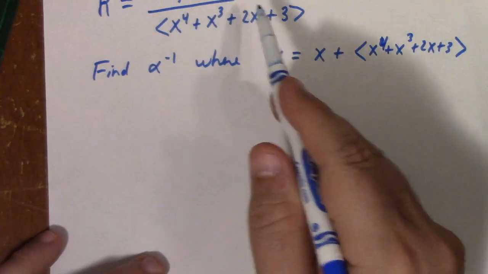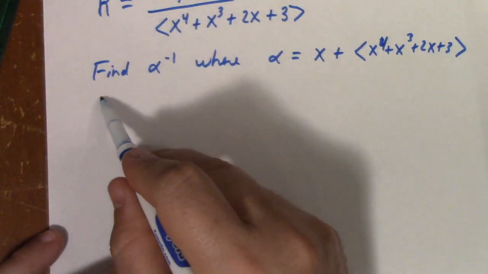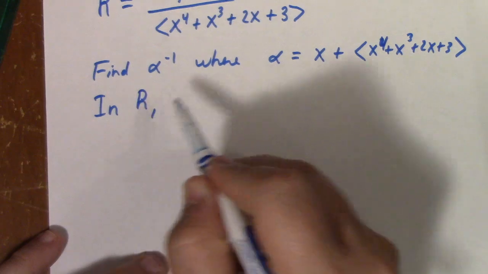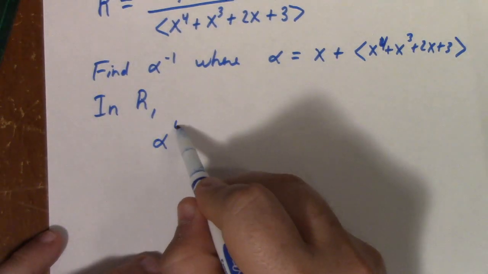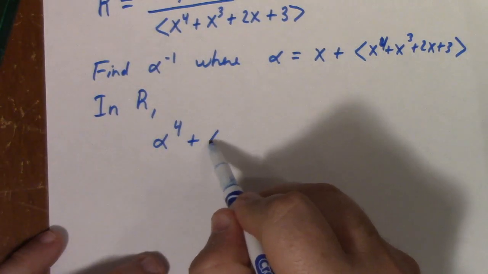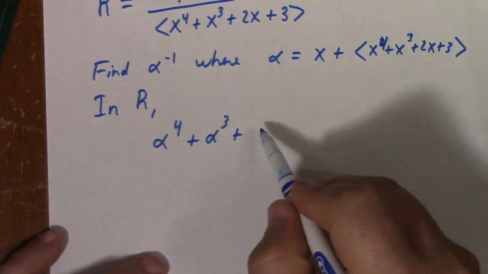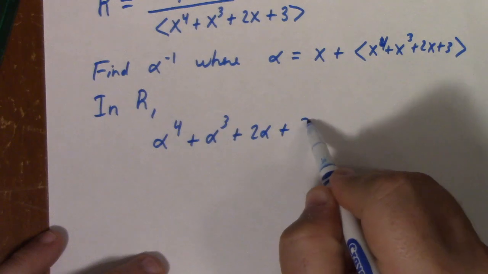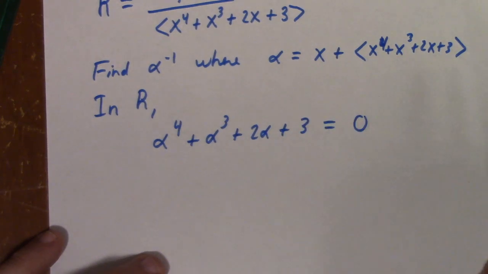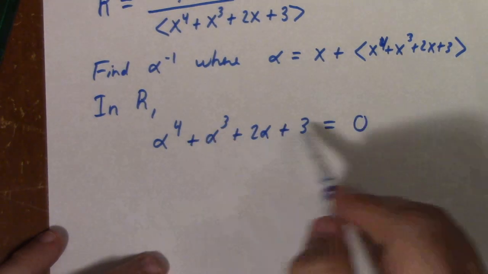So in this quotient, in R, what we have is alpha to the 4th plus alpha cubed plus 2 alpha plus 3 is equal to 0. So look at this a different way.